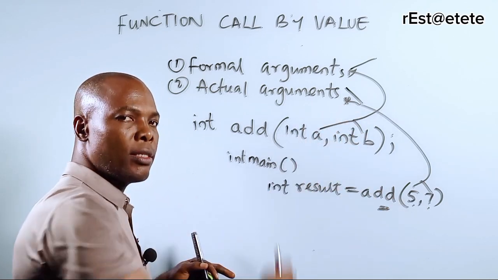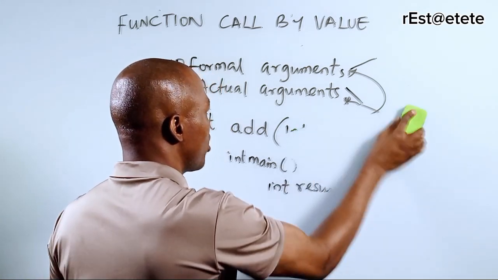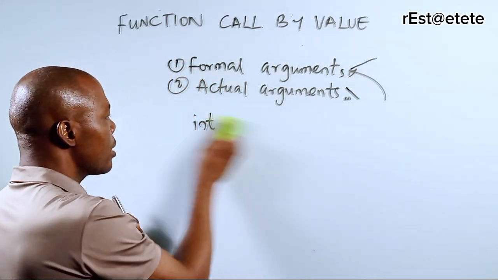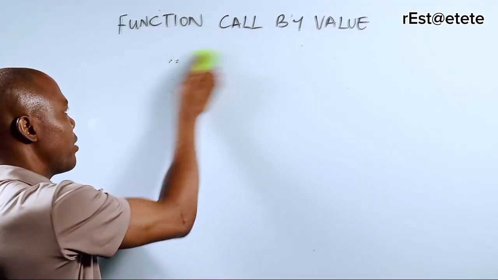So based on that, we now move into call by value. Let's explain call by value. We are going to use the formal argument and the actual argument in the call by value.